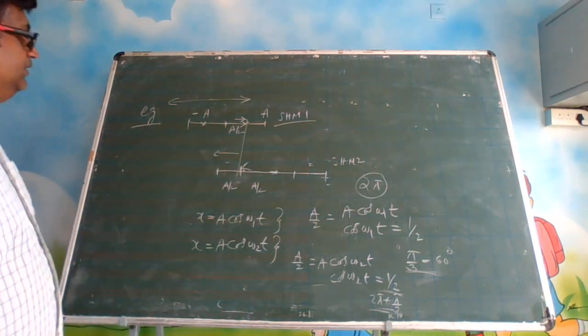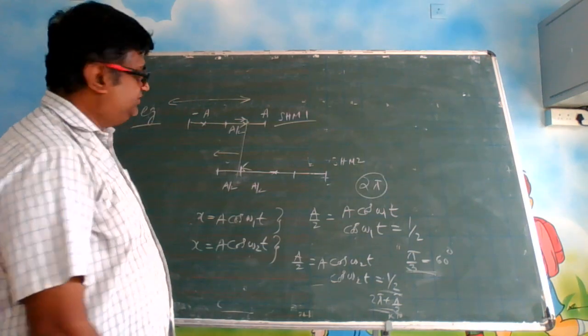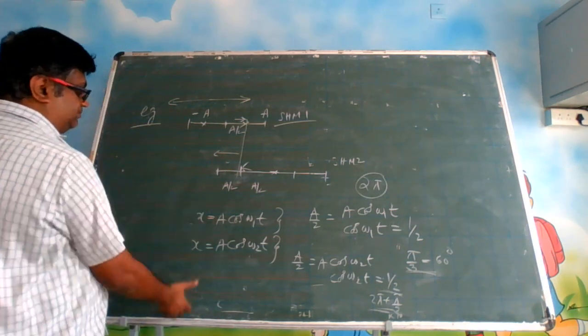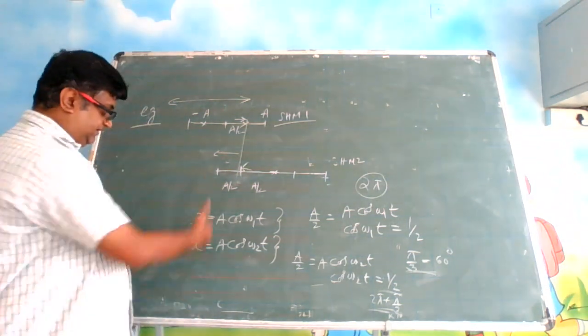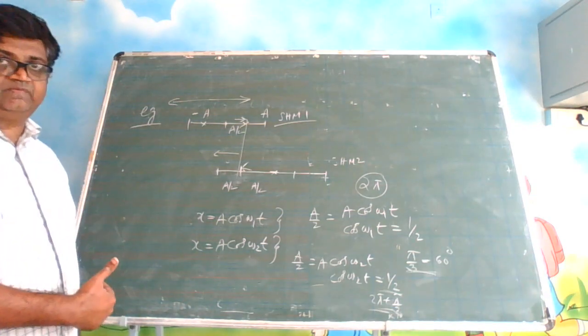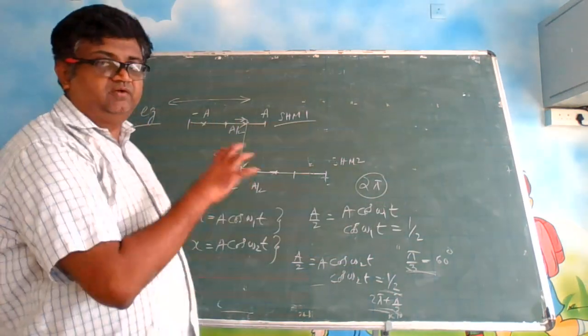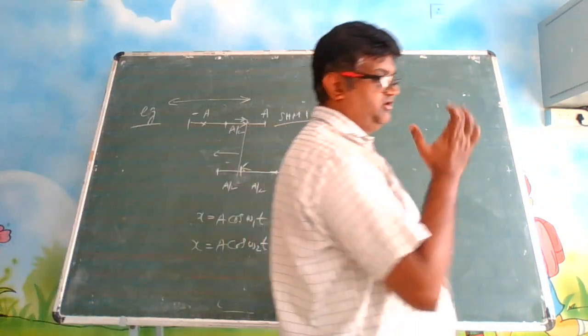The thing I want to tell you is, you can compare the displacement equations, substitute the individual values, and calculate the phases. This is also a concept you should understand.